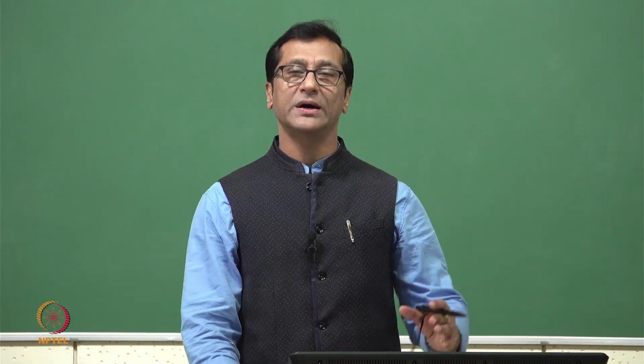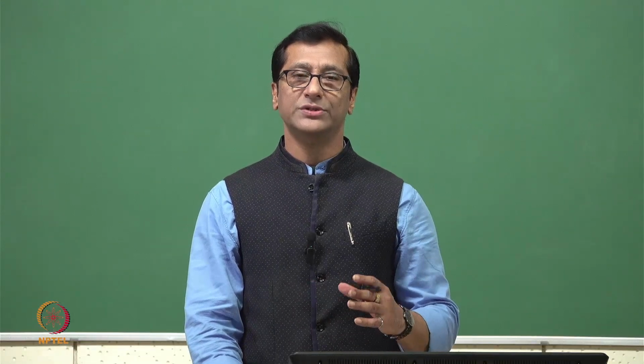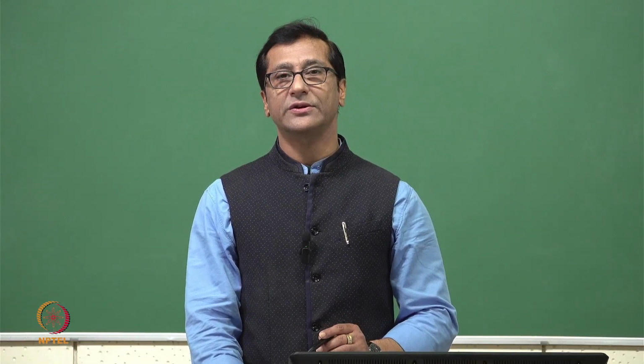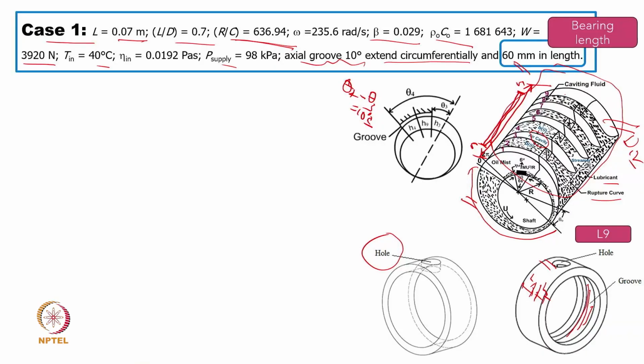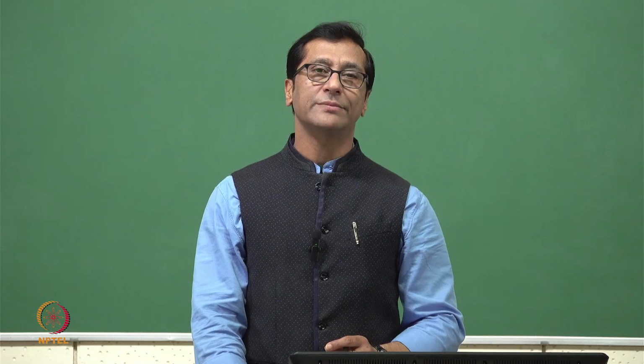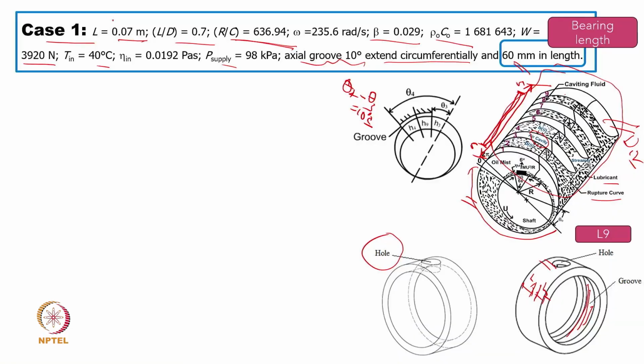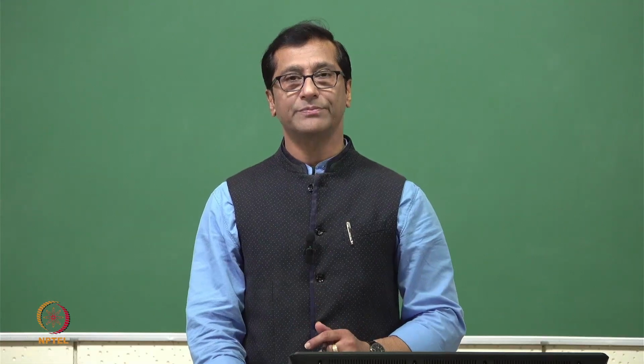Because the whole liquid will pass or be moved out. It will not get recirculated. It will not be supplied to this zone. So this is the reason why we don't want the groove to be through and through, and we restrict it at the ends. This is a very important step to think about: whenever we have a length like 70 mm, we keep 60 mm as the groove length, or maybe 45 mm. Of course, it can be designed, but it cannot be 70 mm.